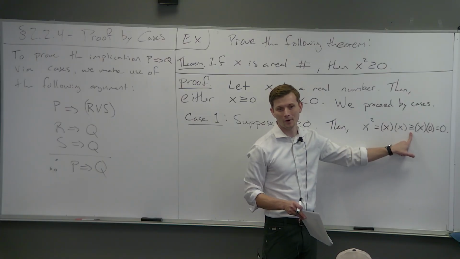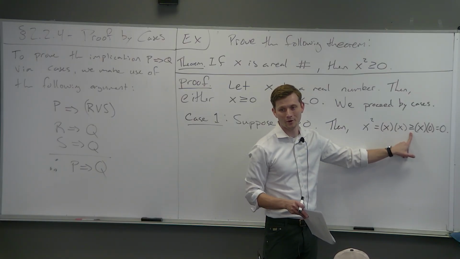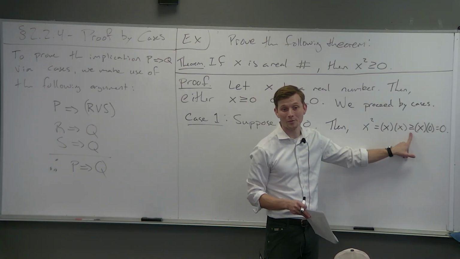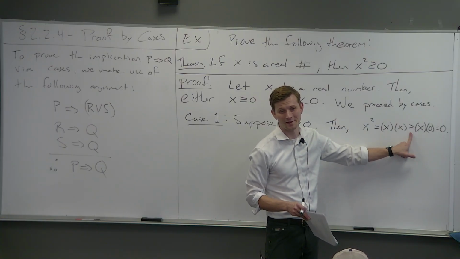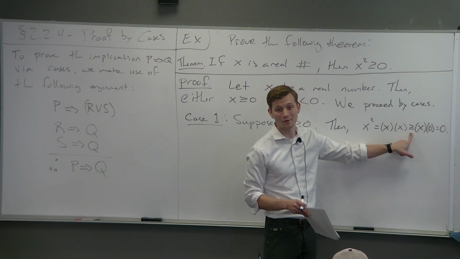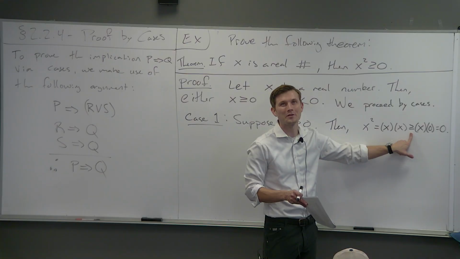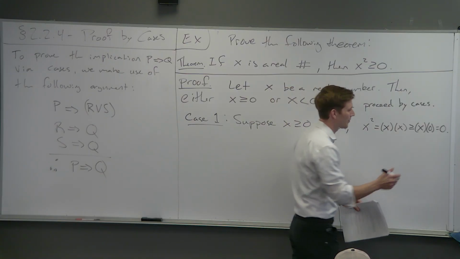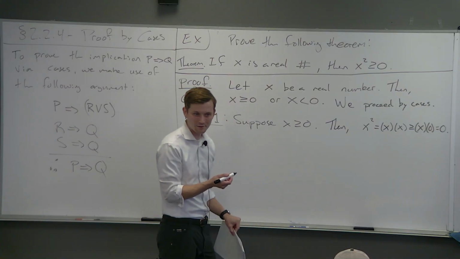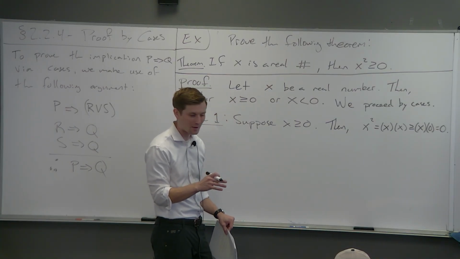But we're going to essentially brush that under the rug for right now, since the purpose of this is to illustrate how proof by cases works. We haven't built up from foundations yet, which we will start to do once we get into set theory. So we'll get to these sorts of foundational concerns soon enough. But does everyone feel all right about this first case, just using your basic knowledge from algebra?